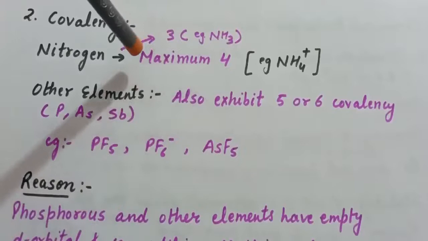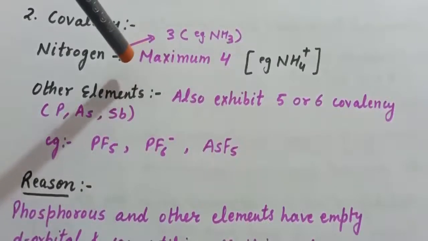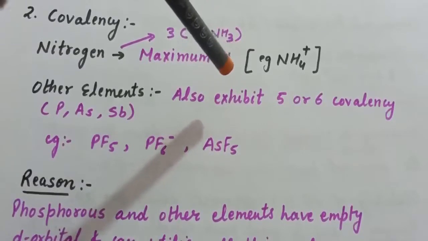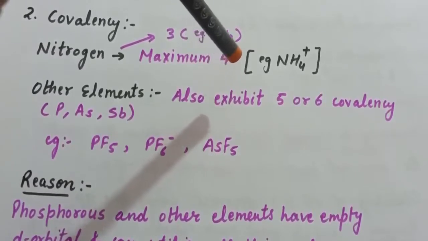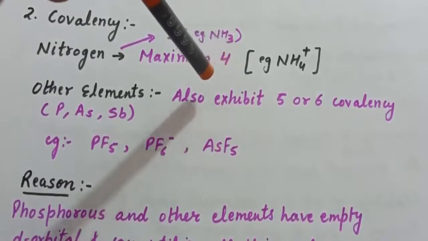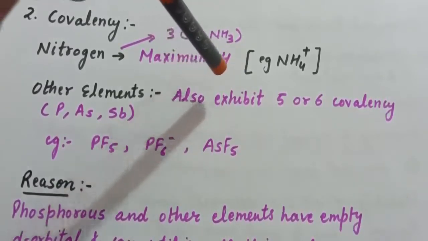The maximum covalency which nitrogen can show is 4. When nitrogen uses the 2 electrons present in the 2s orbital and the 3 electrons present in the 2p orbital, only then can it show maximum covalency, that is 4.